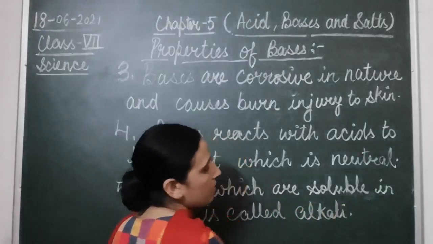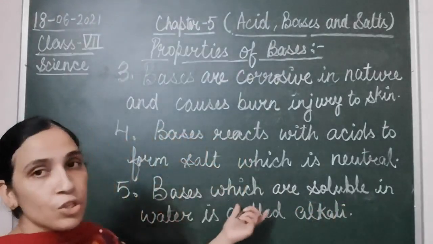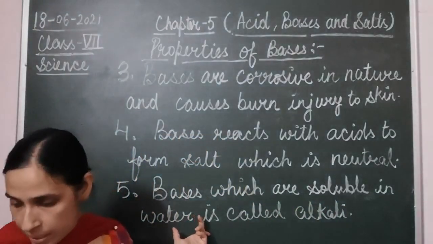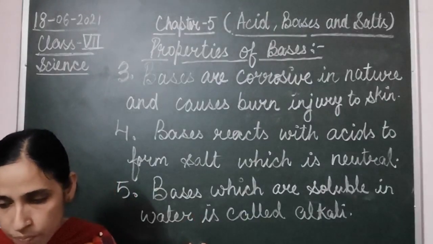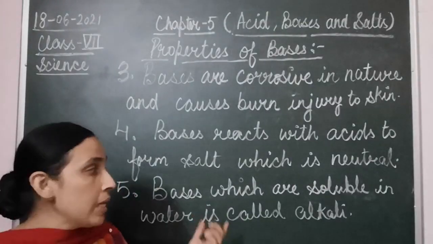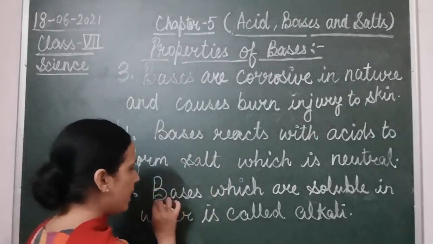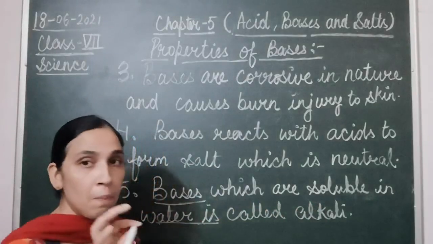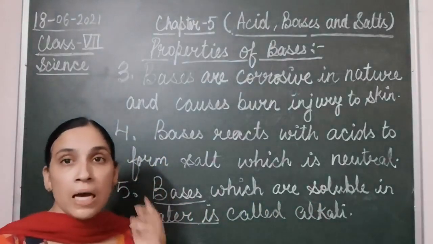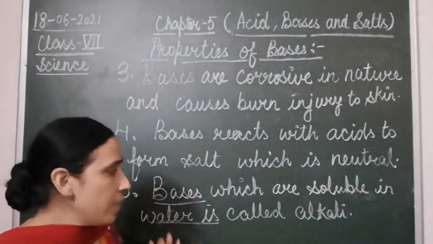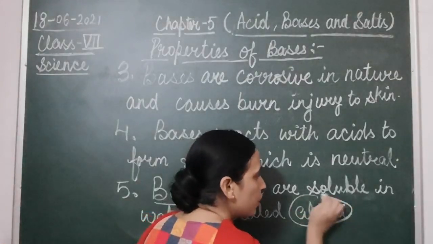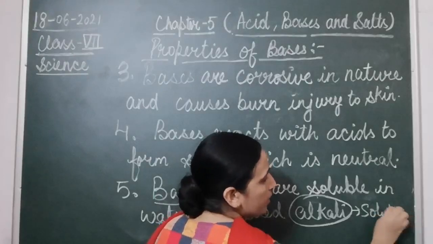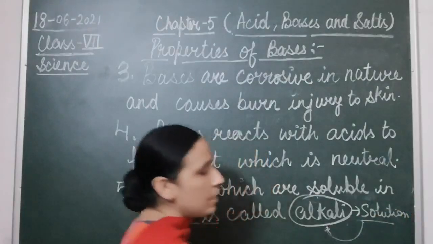Alkalis are bases which are soluble in water. When we dissolve bases in water, the complete solution which is formed has the property of alkali. That solution is known as alkali.